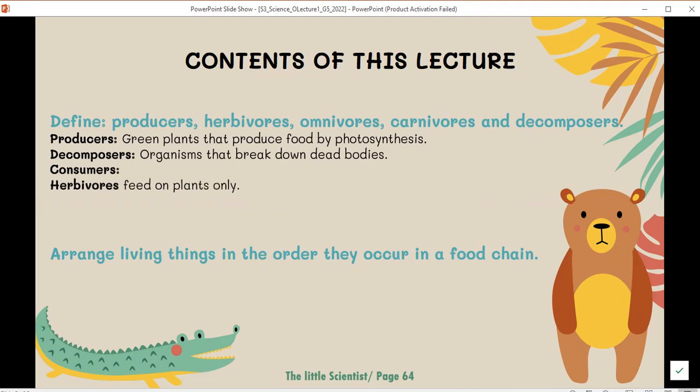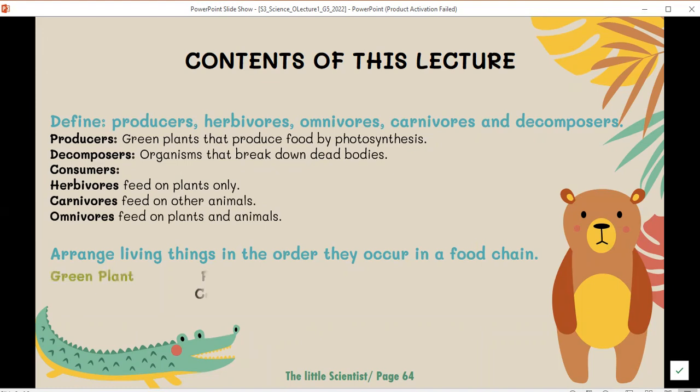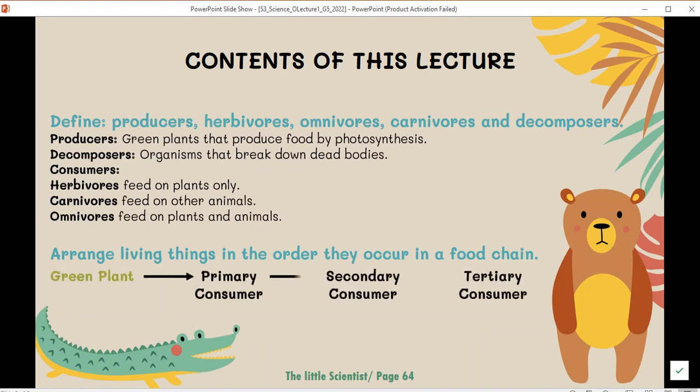We have three big groups of consumers: herbivorous animals, carnivorous animals, and omnivorous animals. Those animals are arranged in food chains. We start with a producer, then we have the primary consumer, secondary consumer, tertiary consumer, and at the end, the apex predator.